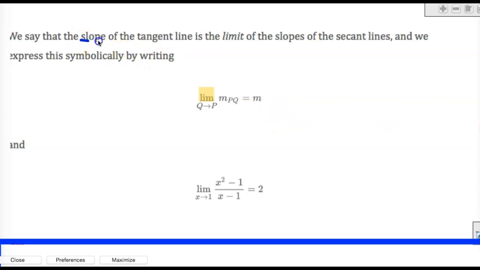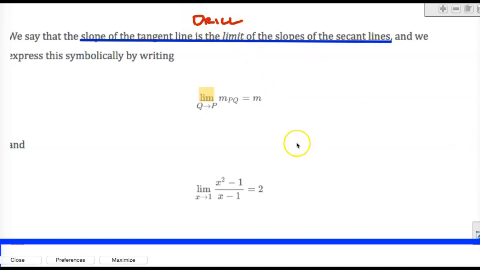And so the slope of the tangent line is the limit of slopes of the secant line. This is something that you want to drill. This is the concept component. This here is the notation component, right? Notation is another way of saying the formula.